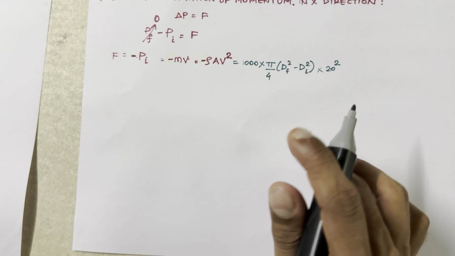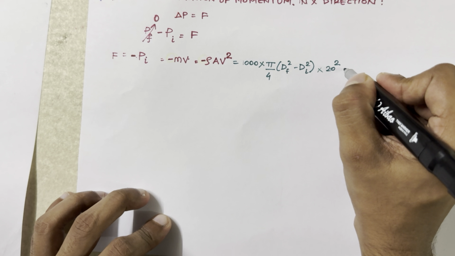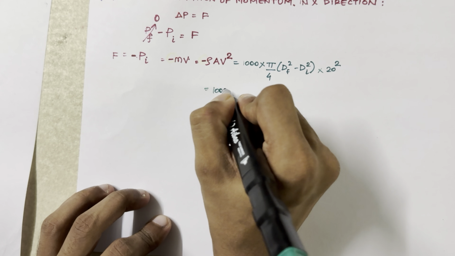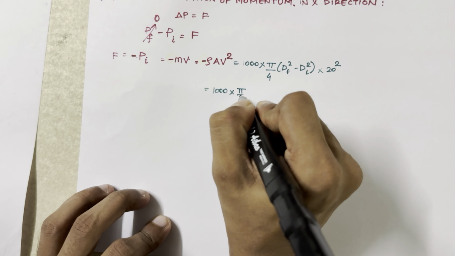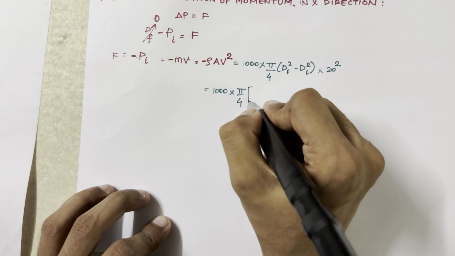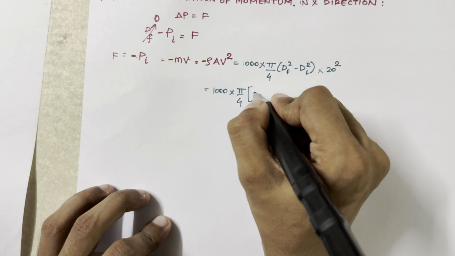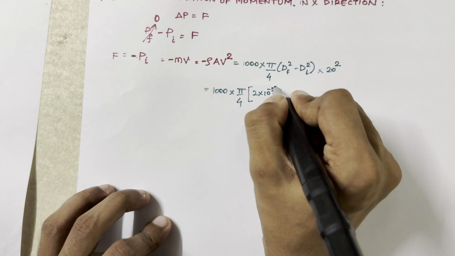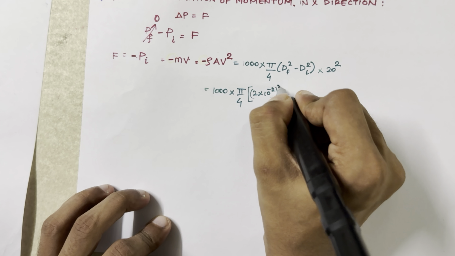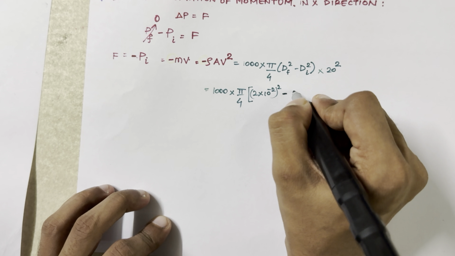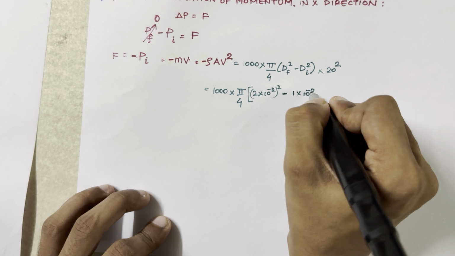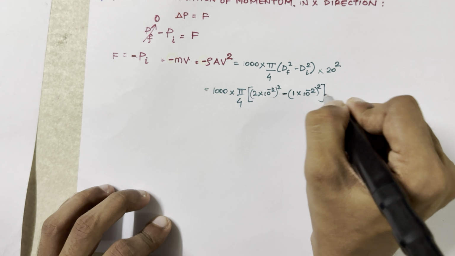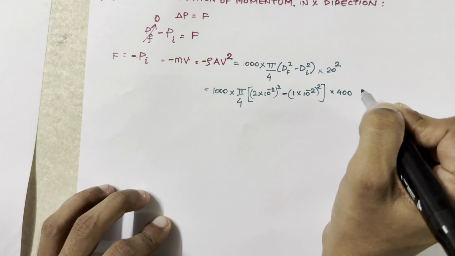If we solve this, we have 1000 into pi by 4, and this df is 2 centimeter, which is 2 into 10 to the power minus 2, squared, minus di, which is 1 centimeter, so 1 into 10 to the power minus 2, squared, and this is 400.